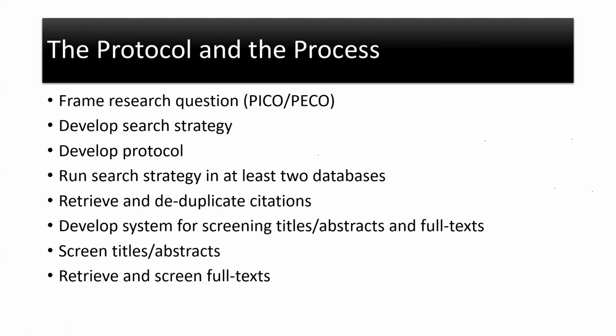Then you have to develop a search strategy. After that, you develop a protocol, you run the strategy in at least 2 databases for piloting, and then retrieve and deduplicate the citations, develop systems of screening titles, abstracts, and full text. Then you screen titles and abstracts, and then retrieve and screen full text. So there is a process of doing all this.